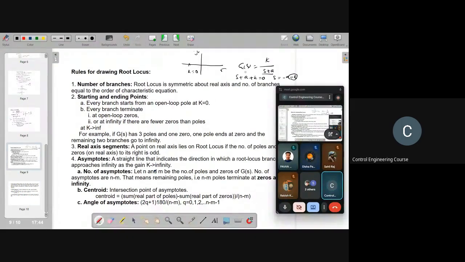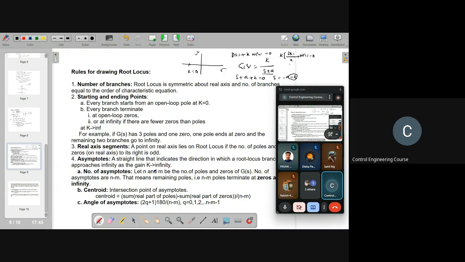That we can analyze like this. Let's say, for example, d of s plus k into n of s equal to 0, this is the characteristic equation. If you make k common, then d of s by k plus n of s will be equal to 0.